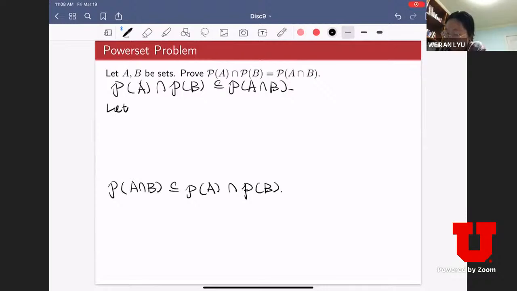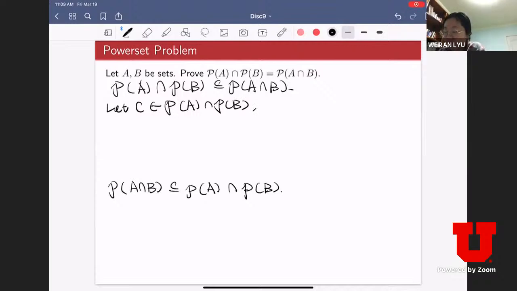All right, and then to start the first part, maybe I'll just use C. That's better. We know that C is an element which belongs to the intersection of these two power sets, and C is actually a set.